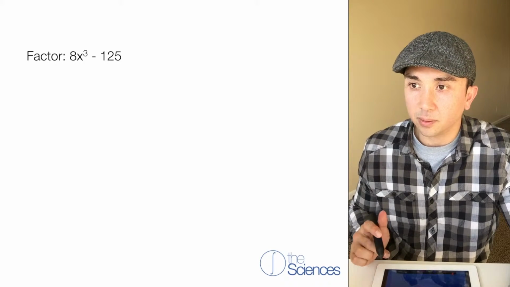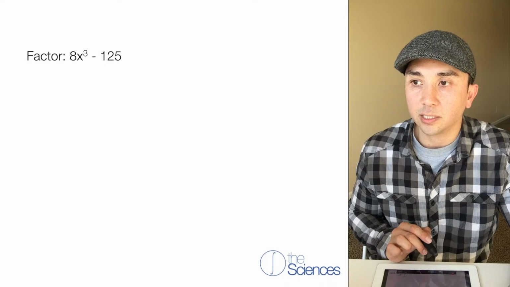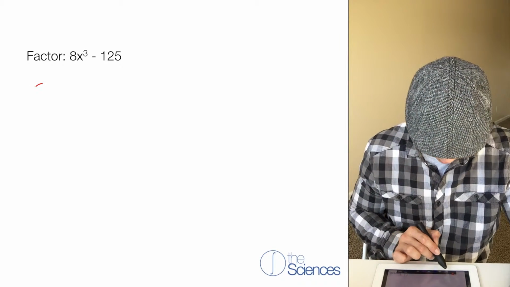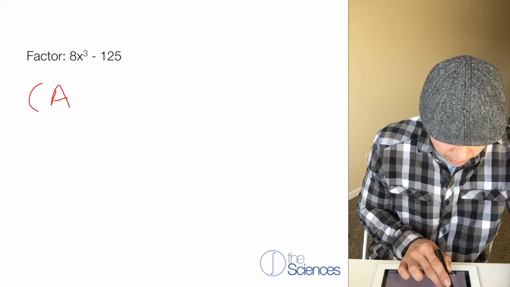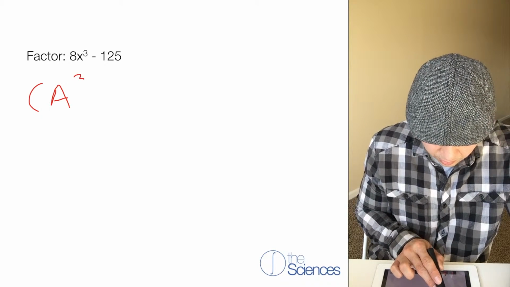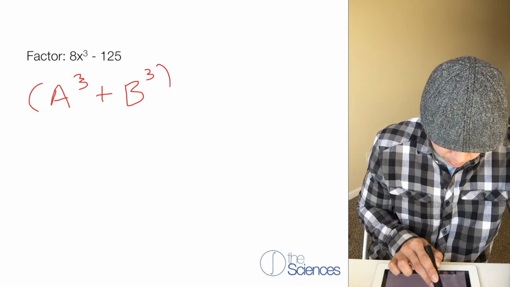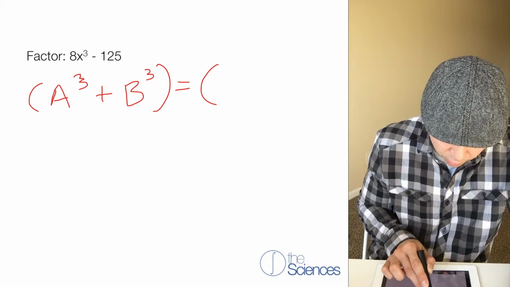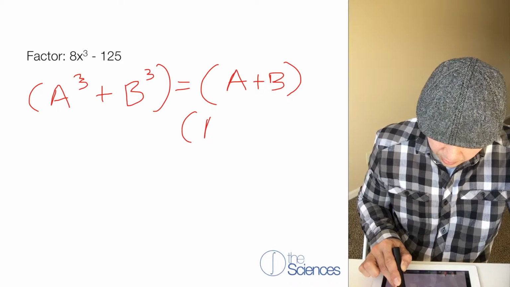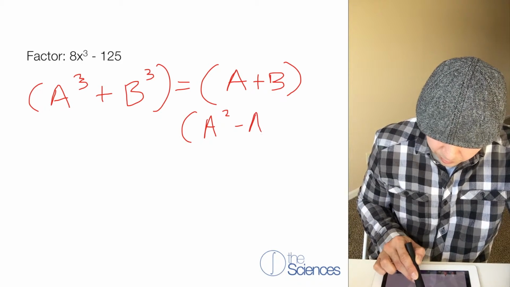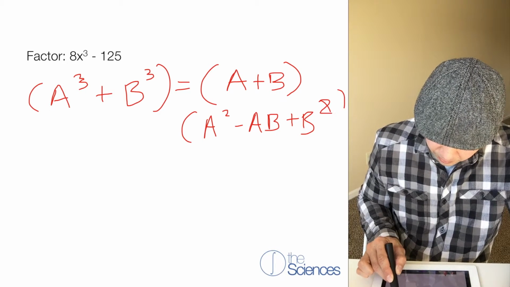So let's do an example. Here let's factor 8x cubed minus 125. So now we know that when we have a cubed plus b cubed, that equals a plus b times a squared minus ab plus b squared.